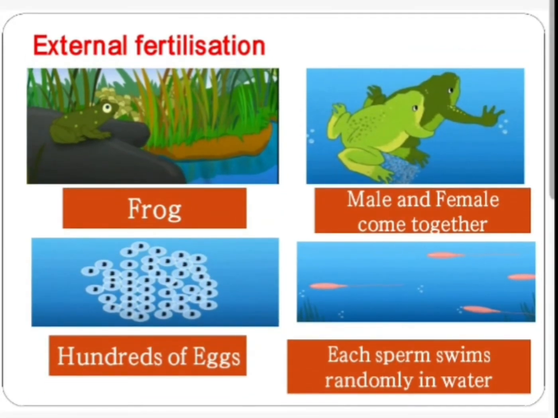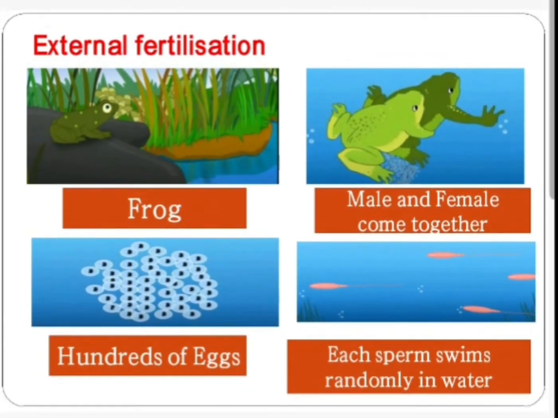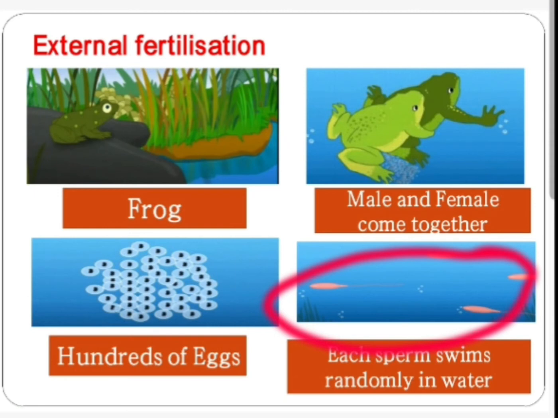As the eggs are laid, the male deposits sperms over them. The sperms swim randomly in water. With the help of its long tail, the sperms come in contact with the eggs.